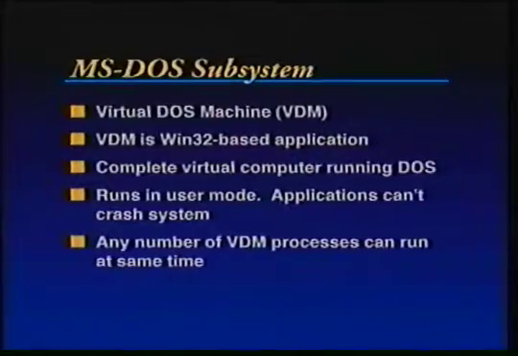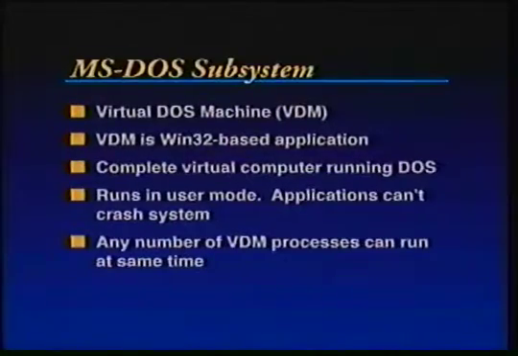So to recap some of the points I made with that slide, you have virtual DOS machines being created. The VDM is actually a Windows 32-based application, a very complex one. And if you go and get that book, Inside Windows NT, that I was talking about and read about it, you'll see that included in that application is MS-DOS source code, at least on the Intel platform, which is responsible for handling a lot of the DOS calls itself. Again, it creates a complete virtual computer running DOS.